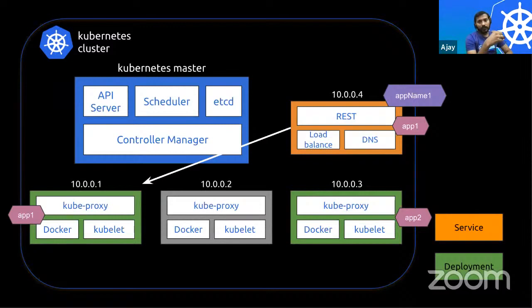That load balancing will not happen automatically across clusters. You will have to integrate with an external load balancer like ELB within AWS so that you can do cross-region or cross-cluster load balancing. Within Kubernetes, you can call it a load balancer, but it doesn't do real load balancing; it just balances within your application, within your pods.